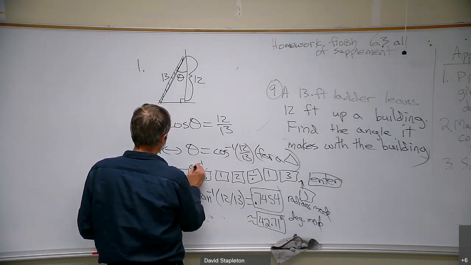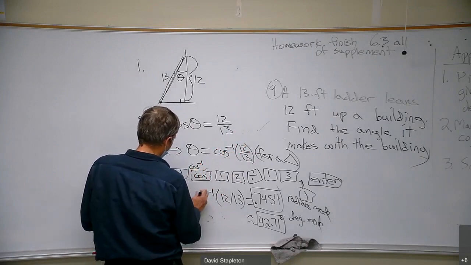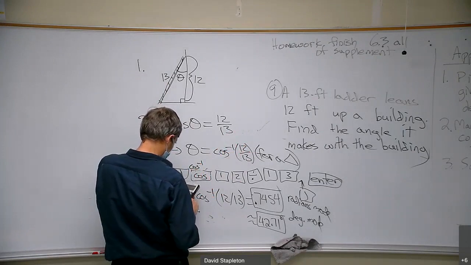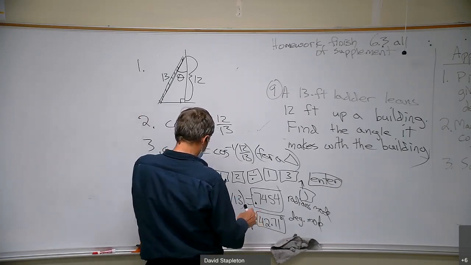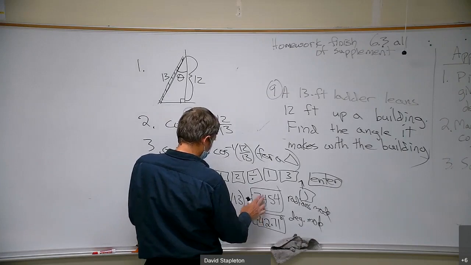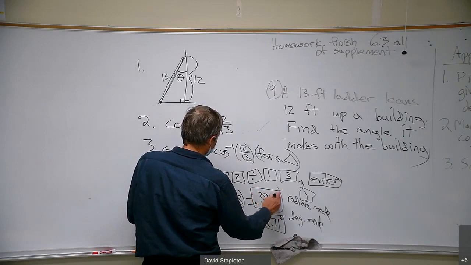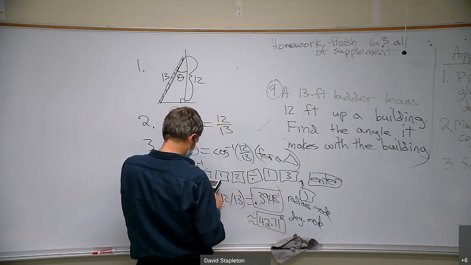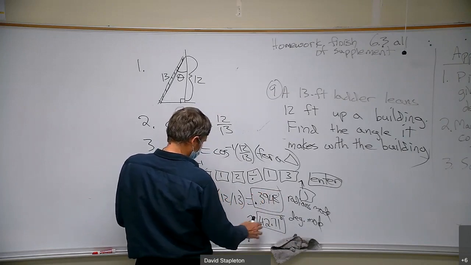So use the sanity check and check your answers. Now let's see what I get now. Arc cosine of 12 divided by 13. And I get 0.343948 in radians. For a sanity check, I convert it to degrees times 180 divided by pi. Gives me 22.61 degrees.